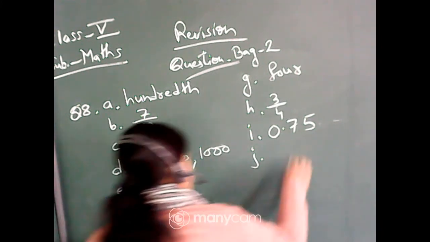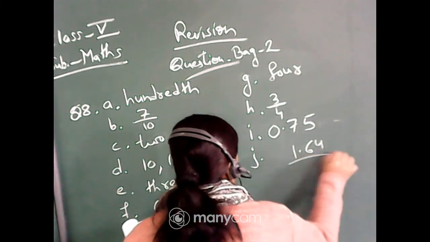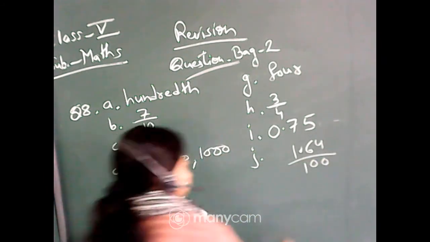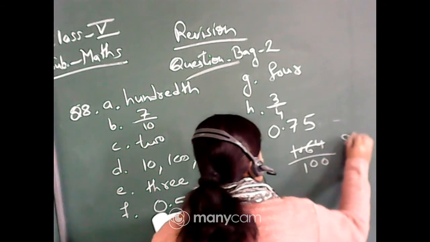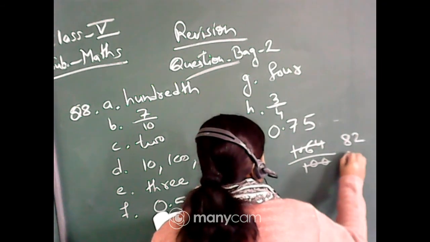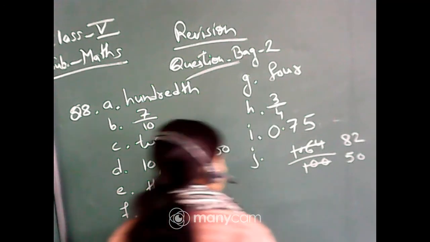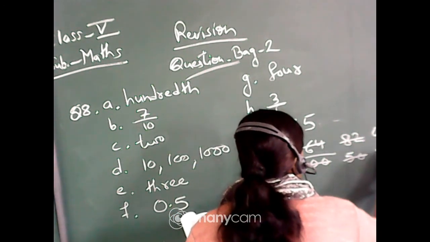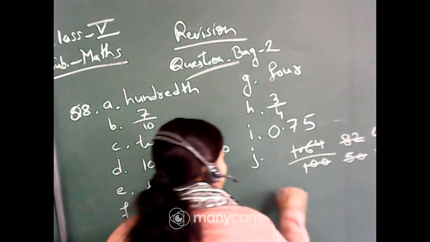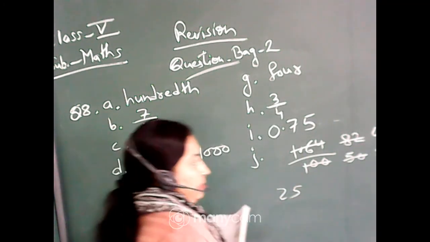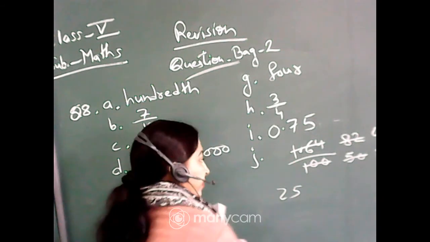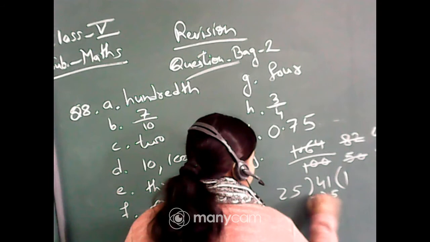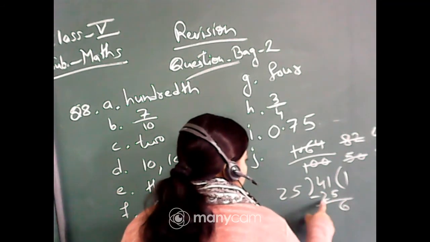1.64. That means if you are writing 1.64, remove the point, it is 164 by 100. Now cancel it by 2. 2 8s are 16, 2 2s are 4. 2 5s are 10, 2 0s are 0. Again cancel by 2. 2 4s are 8, 2 1s are 2. And this is 41 by 25. So when you have to change into a mixed fraction, you have to divide it. 25 outside, 41 inside. 1 25 is 25, subtraction 16.